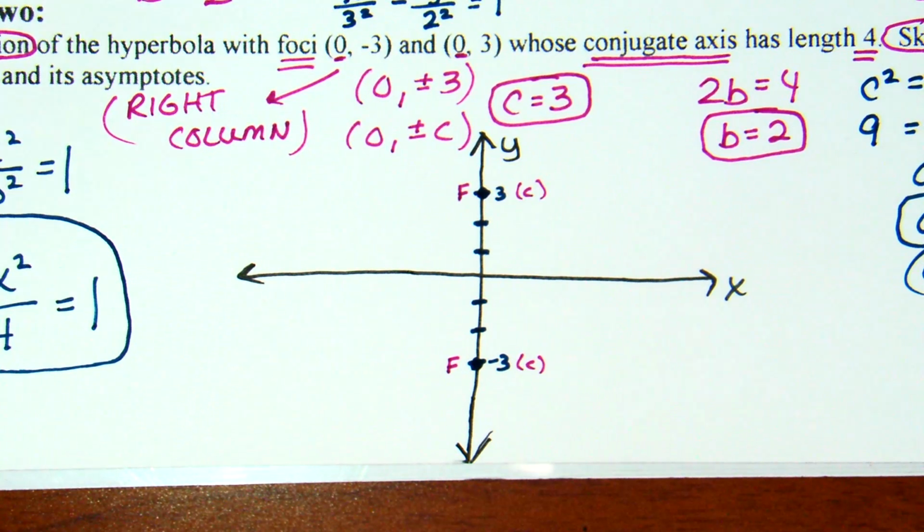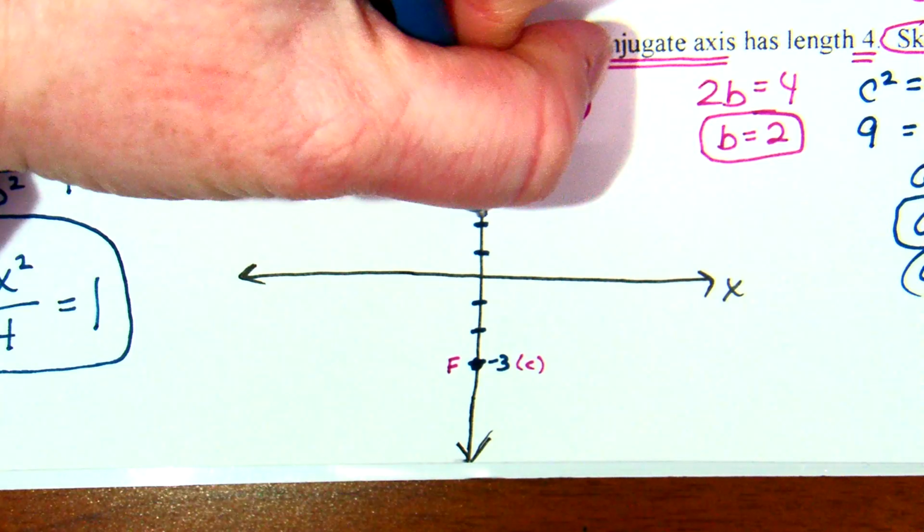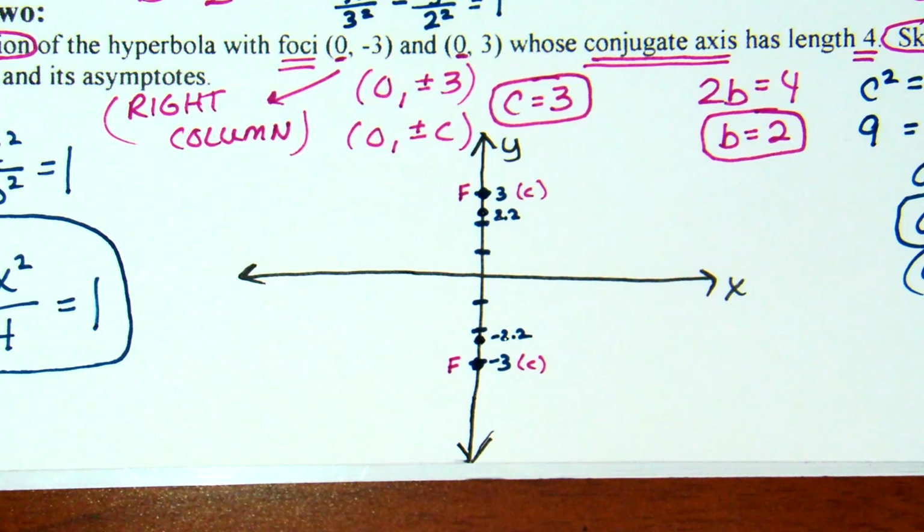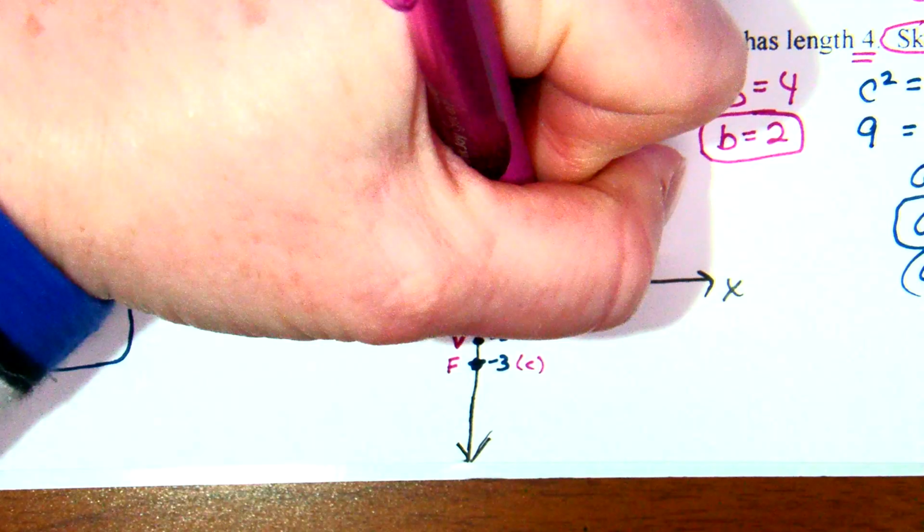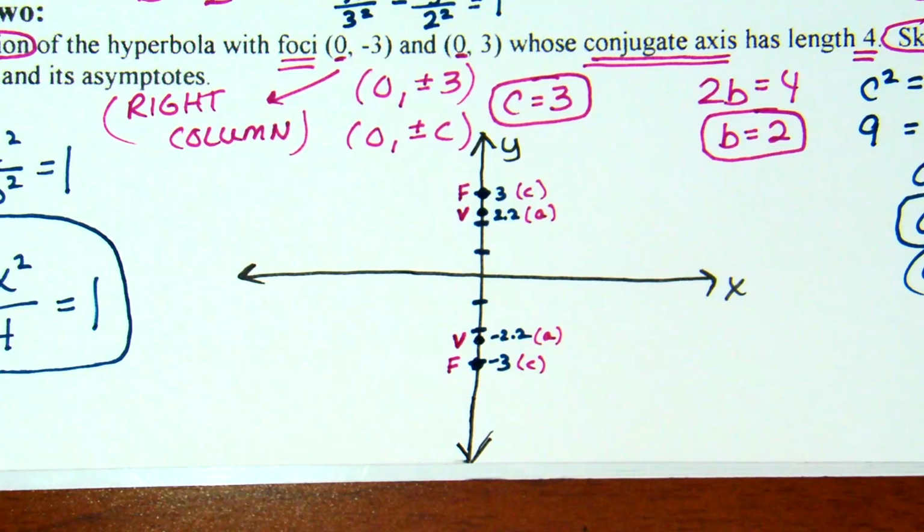So I'm going to go up 2.2, and I'm going to go down 2.2. Those dots represent my vertices. They are also A. The difference here is that my A value should always be smaller than my C value. In an ellipse, it was the other way around. C always needs to be smaller than A.